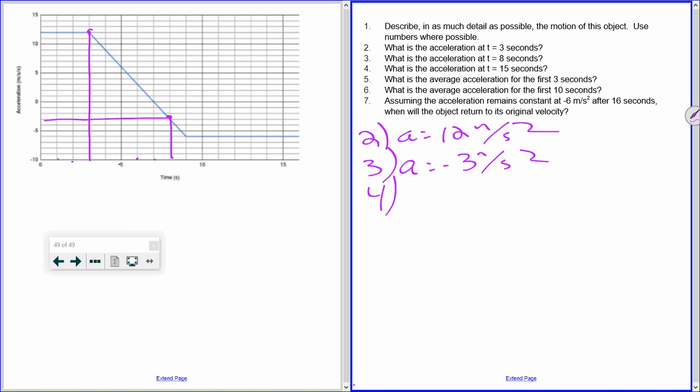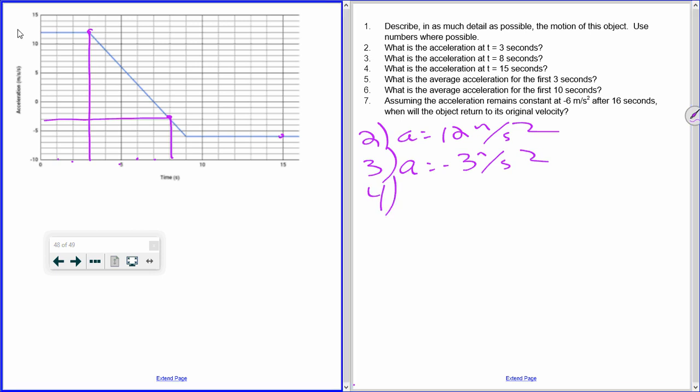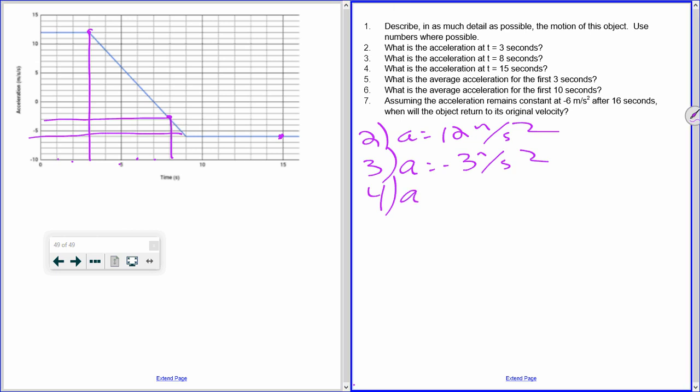Number 4, acceleration after 15 seconds is, what is that, -6. 5 wants the average acceleration for the first 3 seconds. Well, for the first 3 seconds, it's constant, right? So it's still 12 meters a second squared.